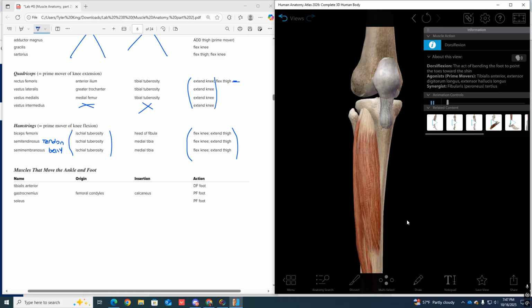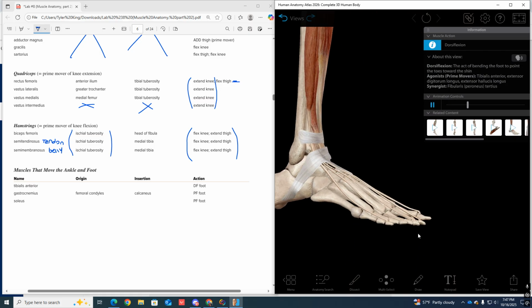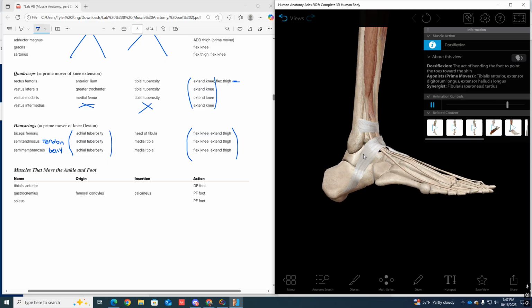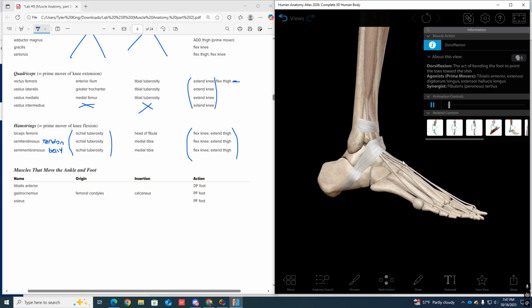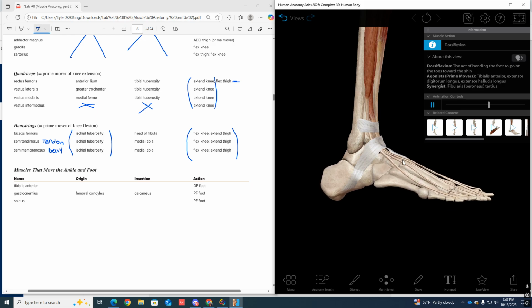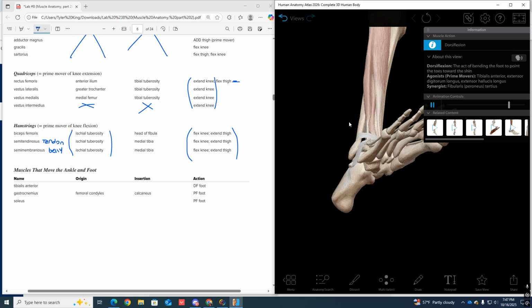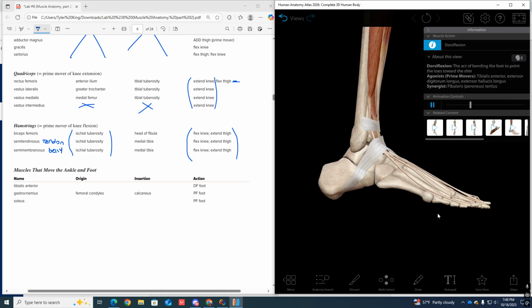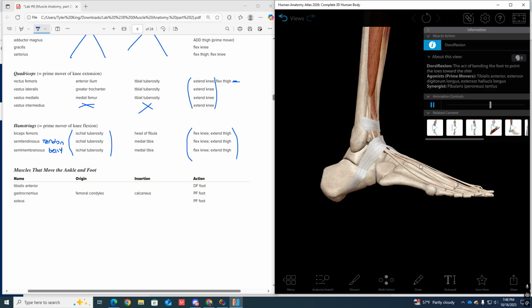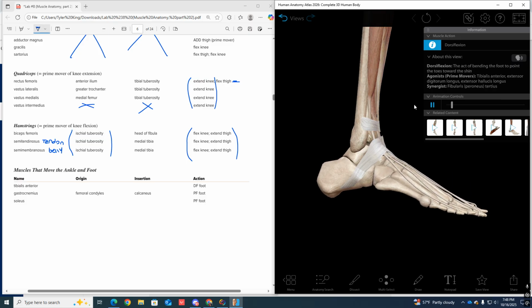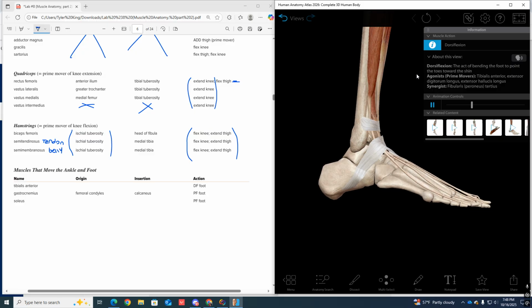So dorsiflexion, when we're talking about the foot, we talk about it in terms of not posterior and anterior. We talk about it in terms of the dorsum, so the part of the foot that we can see when we're looking down at it from an eagle's eye view, and the plantar aspect, which is also known as the bottom of the foot. So when we're dorsiflexing the foot, what's happening is the dorsum, the back part of the foot, is moving upwards, towards the sky.